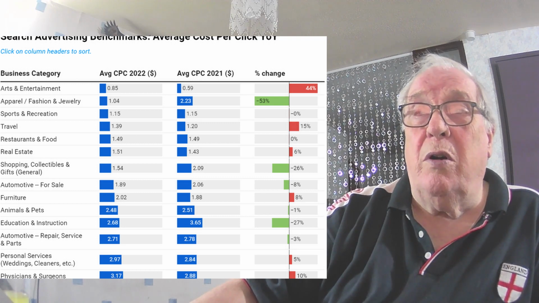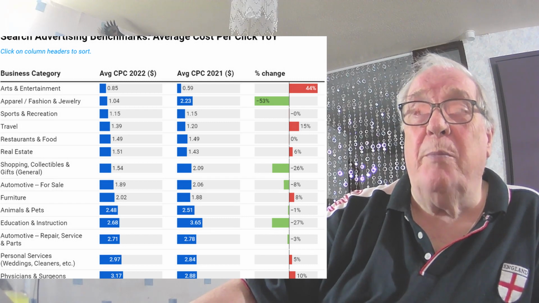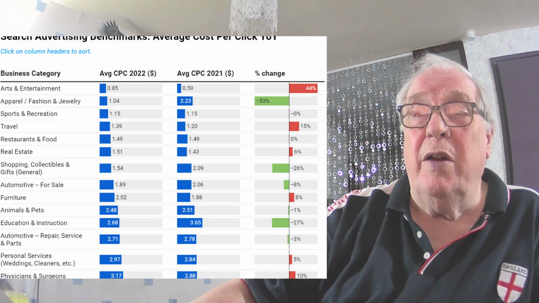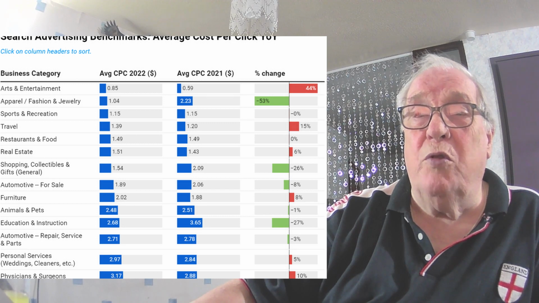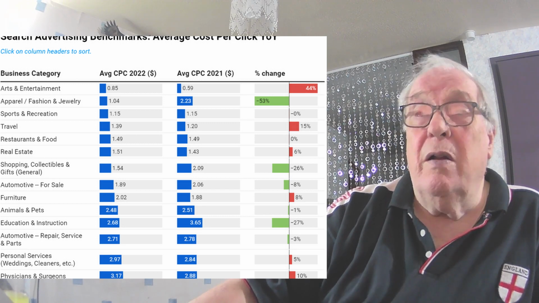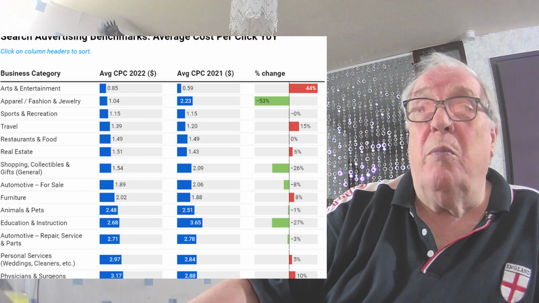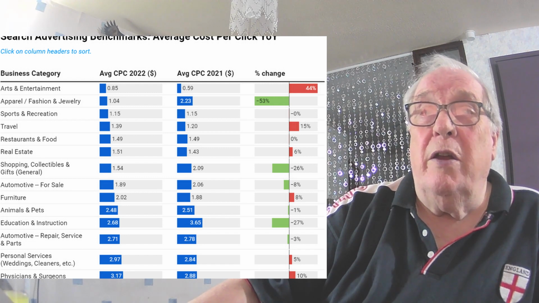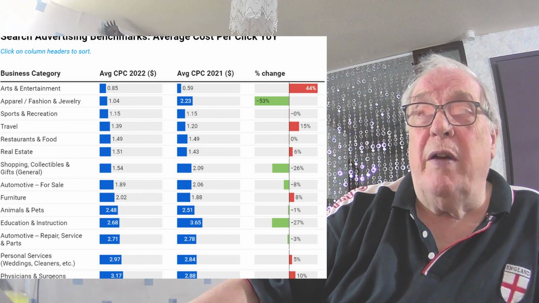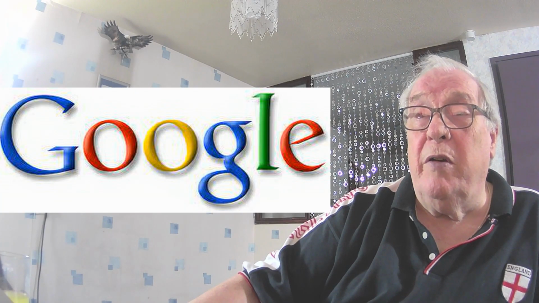Average cost per click year over year. 57% of the industries in this report saw an increase in cost per click, with an average overall increase of 2%. WordStream also found a rise in cost per click of 7% year over year in its Q3 report.